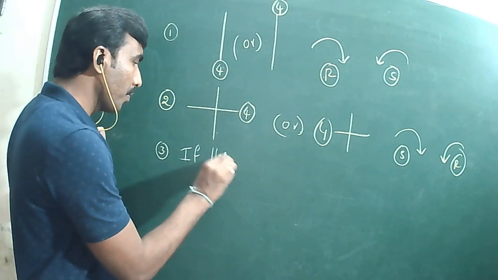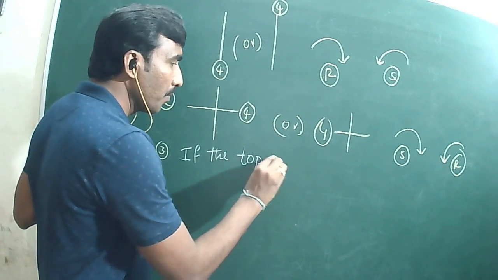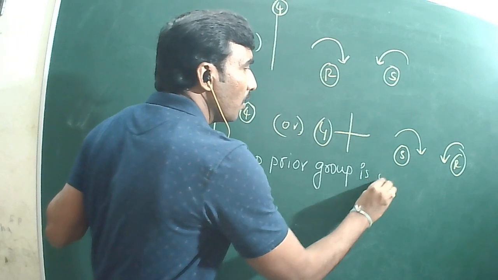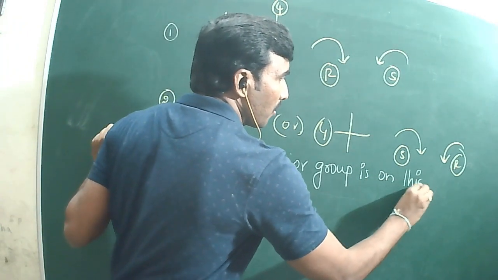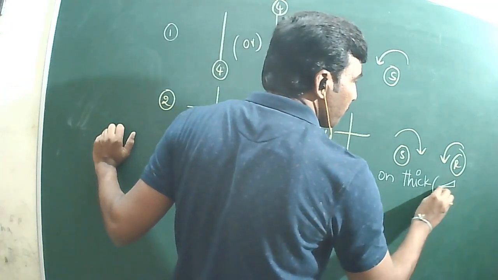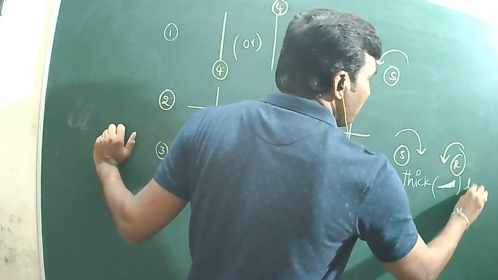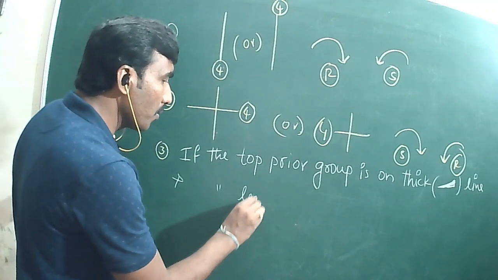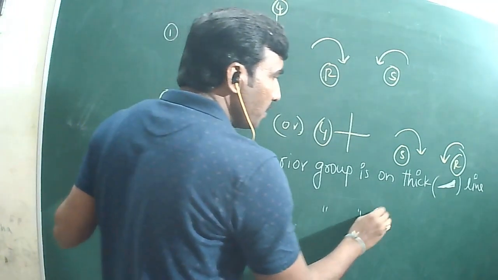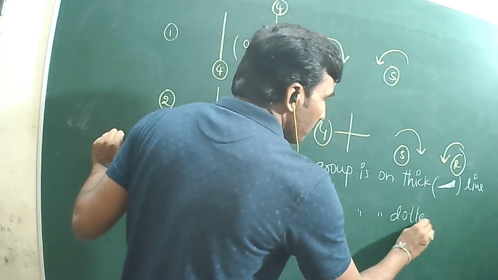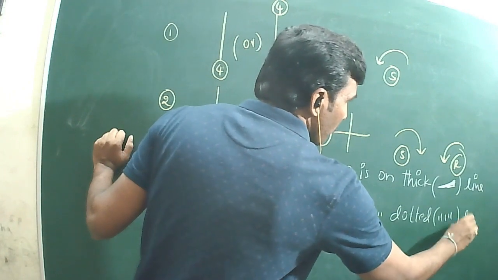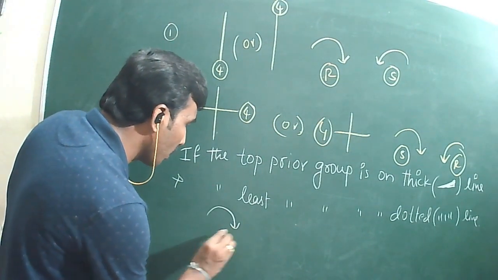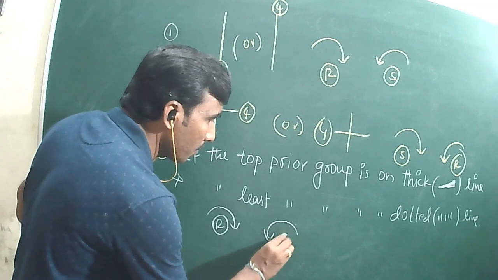If the top priority group is on thick line, thick line means it is wedge, and the least priority group is on dotted line, then if it is clockwise R, and if it is anti-clockwise S, copy it.